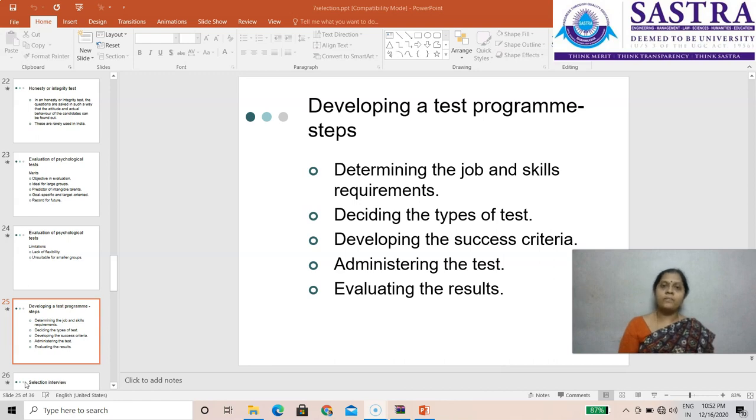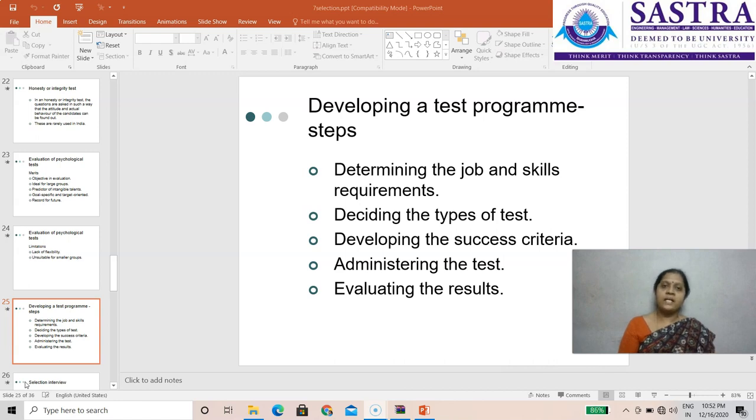So here, once the human qualities essential for the successful performance of a job are identified, the next step is to determine the series of tests to be undertaken by the candidate and the qualities that have to be measured. While choosing the test, the reliability, validity and relevance of the test results are important considerations.